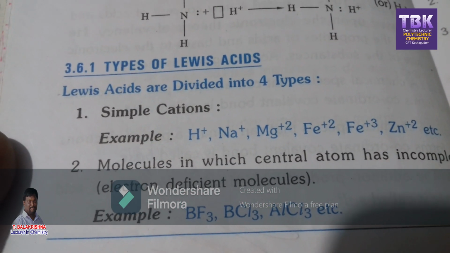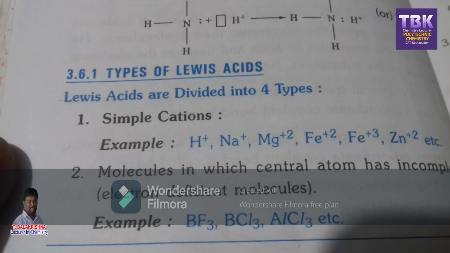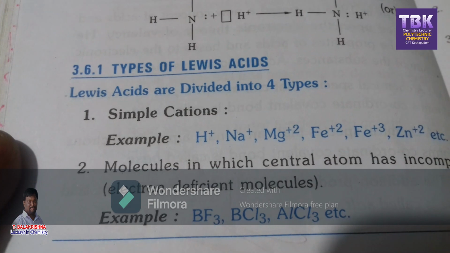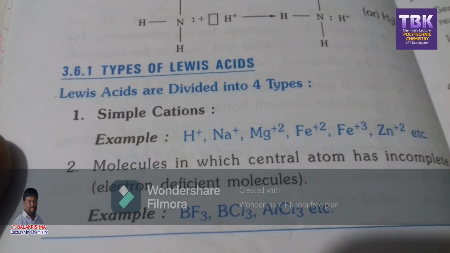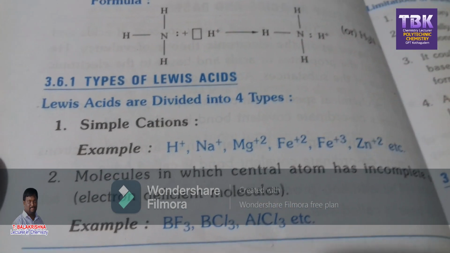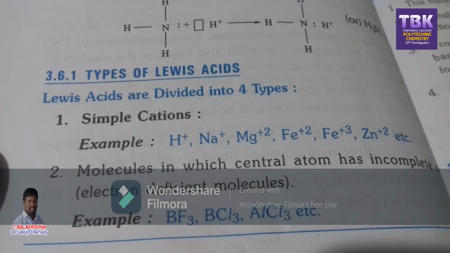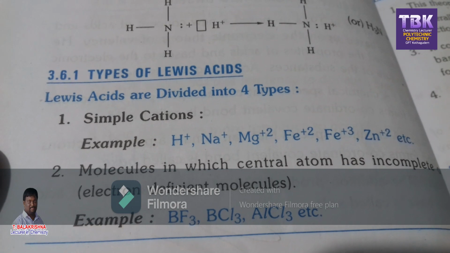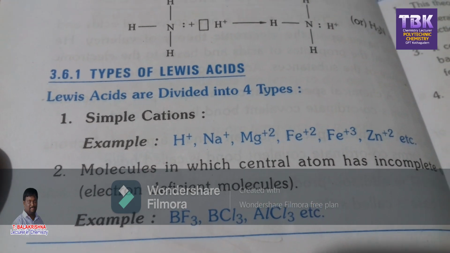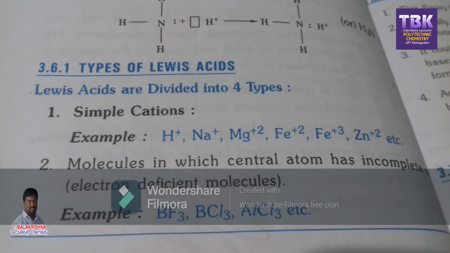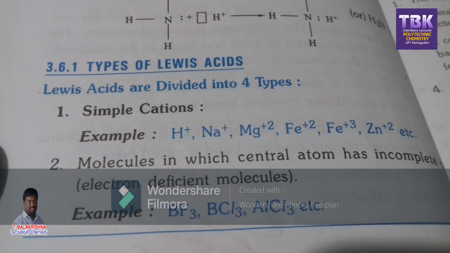Next, the types of acids and bases. Lewis acids are divided into 4 types. One is the simple cations. Any atom which carries a positive charge, those ions act as Lewis acids because they have electron deficiency.